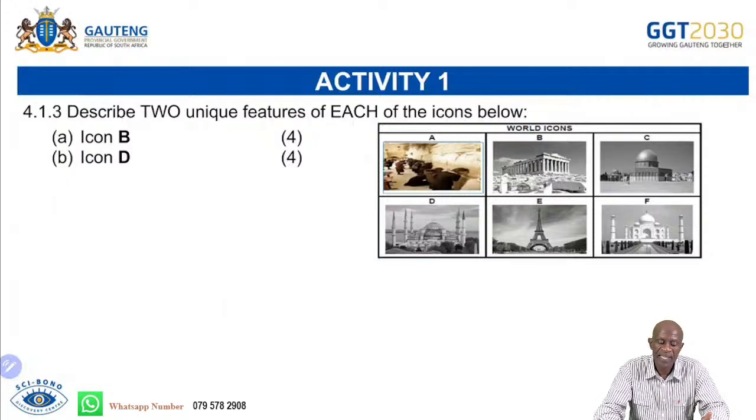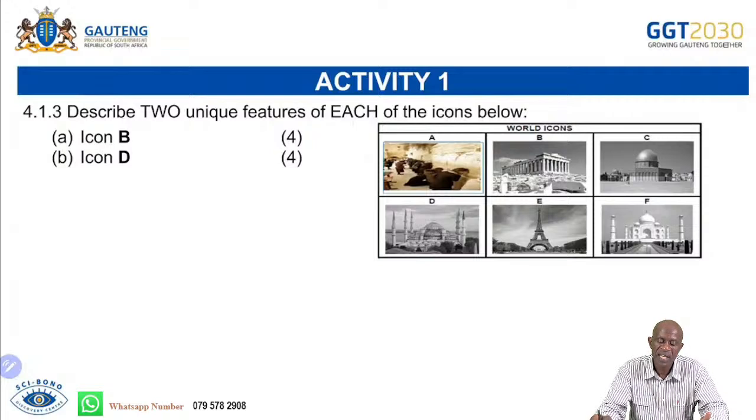4.1.3, it says, describe two unique features of each of the icons below. Two unique features of each of the icons below. So that is icon B for 4 marks, icon D also for 4 marks.